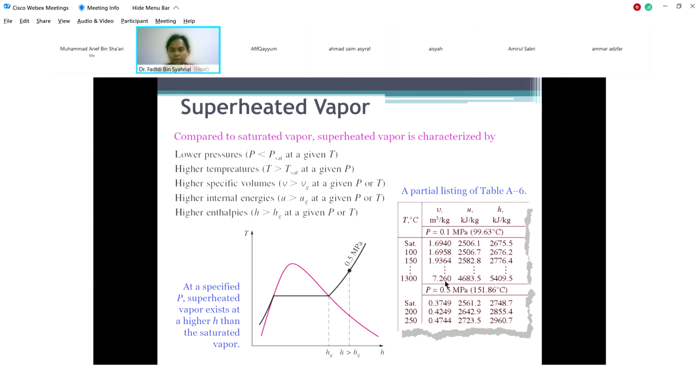Look at your table A6 now. On my slide, this is the pressure value, but in this case 0.1. So this is where you can see the value of pressure.